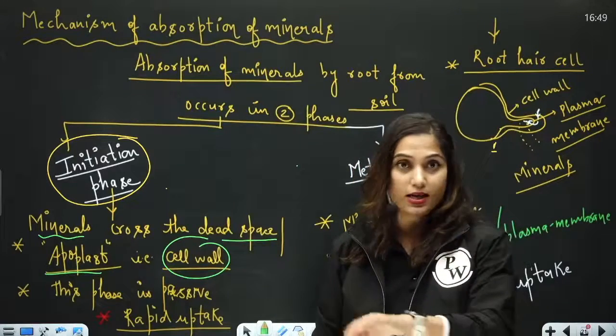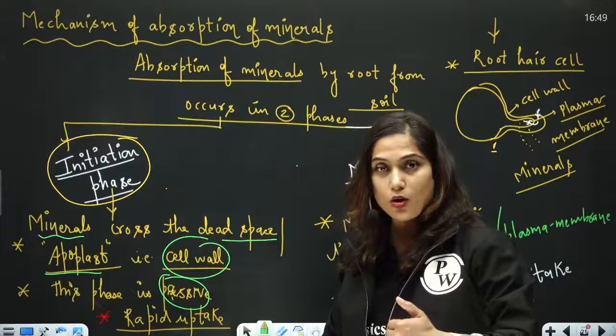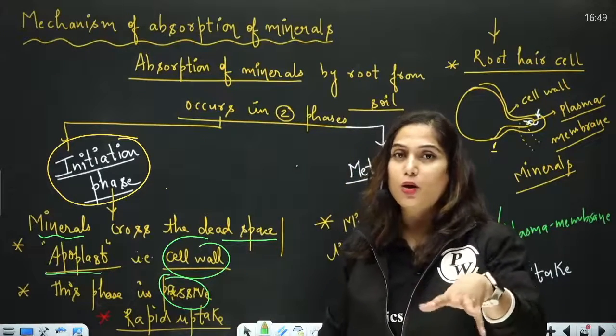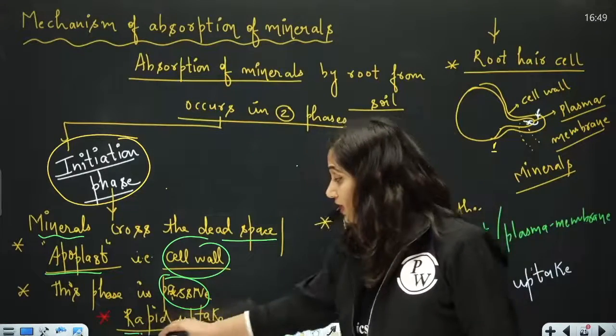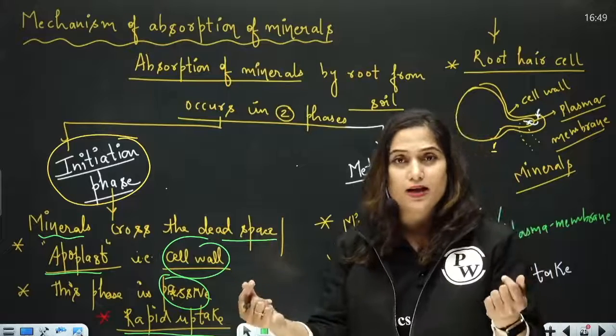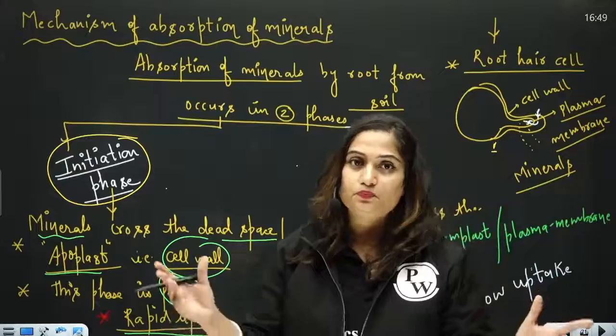And this phase is passive in nature. It is passive. To cross the cell wall, mineral elements do not require any energy because the cell wall is dead. So this uptake is very rapid. This occurs very rapidly, fast.